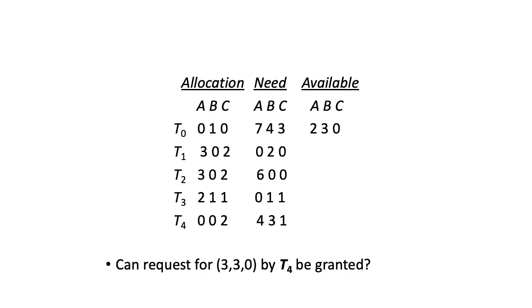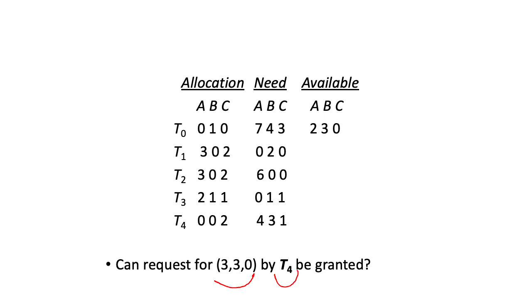Okay, so let's stay with the same system example, and now let's assume that we have a process T4 or thread T4 currently requesting 3 instances of A, 3 of B, and 0 of C. So again, let's apply the banker's algorithm.